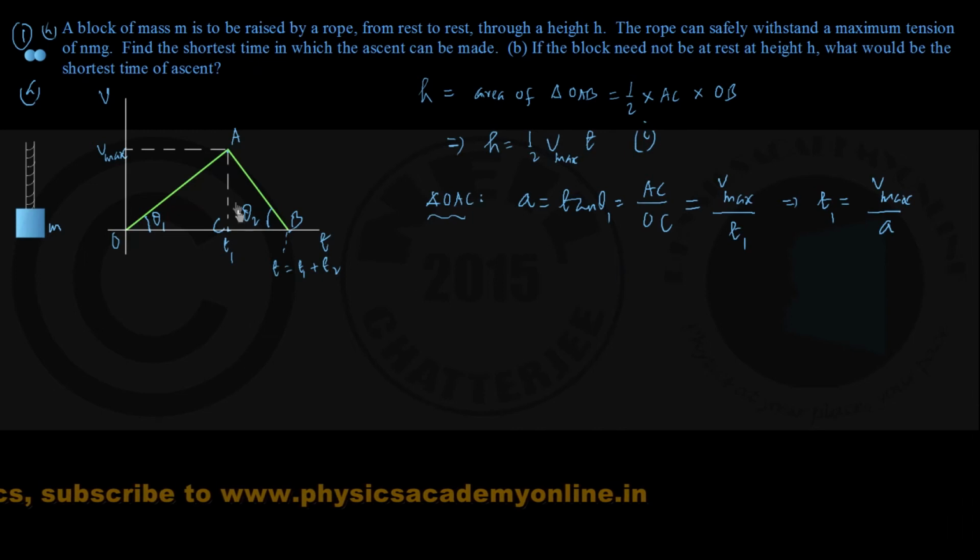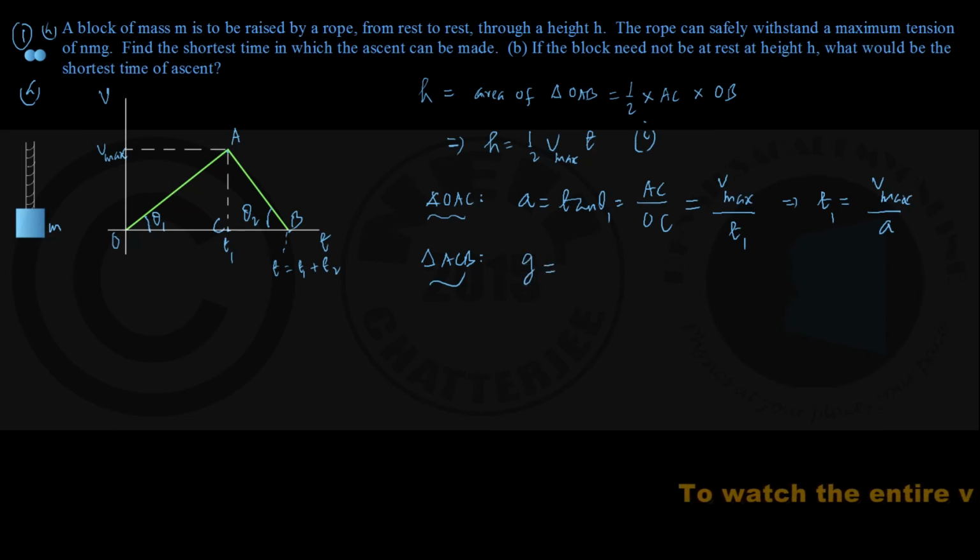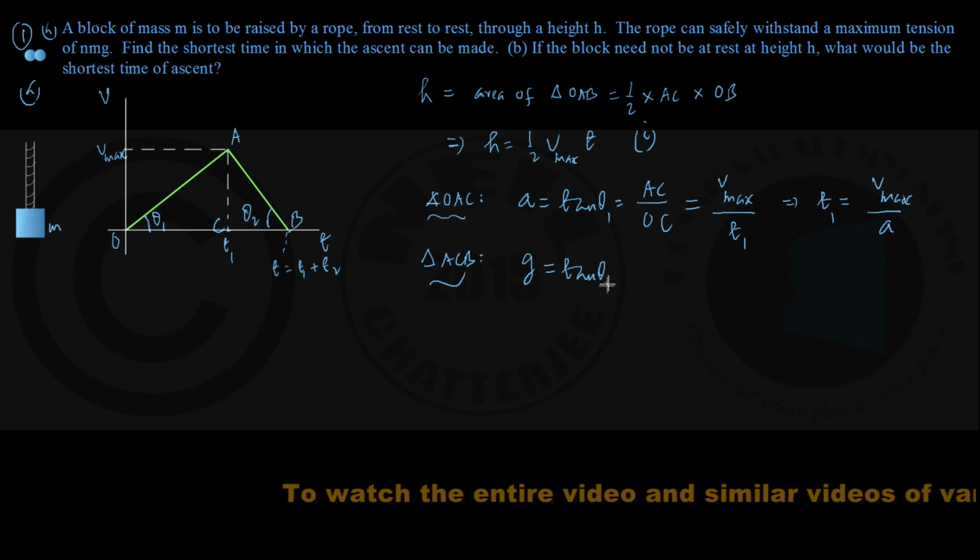Next, we look at the right side triangle, that is ACB. Looking at triangle ACB, once again, this is the motion with deceleration equal to g. Therefore, I can write down the deceleration g, that is given by the tangent of this angle theta 2. So this is tan theta 2.